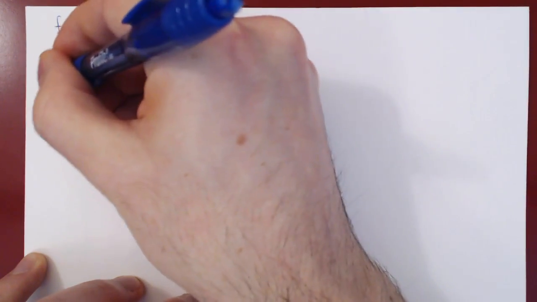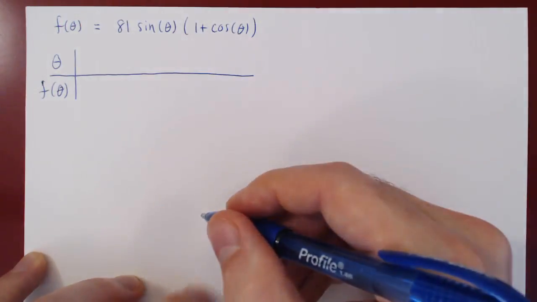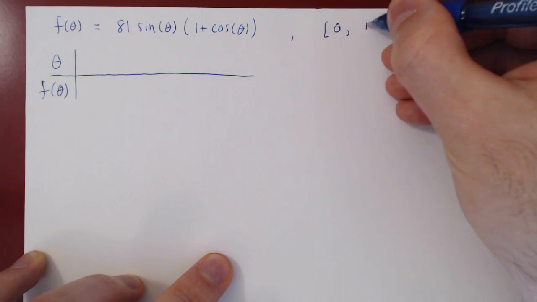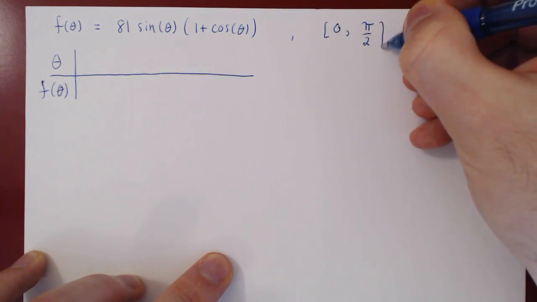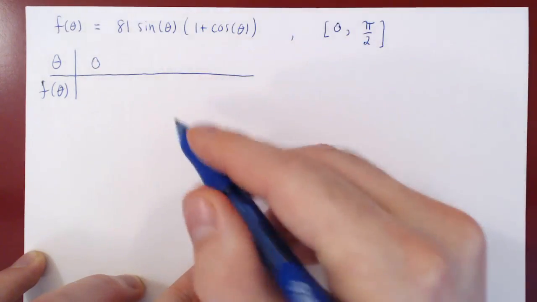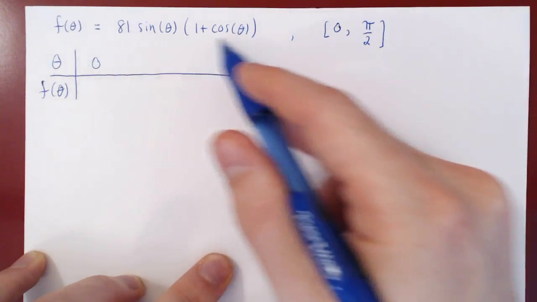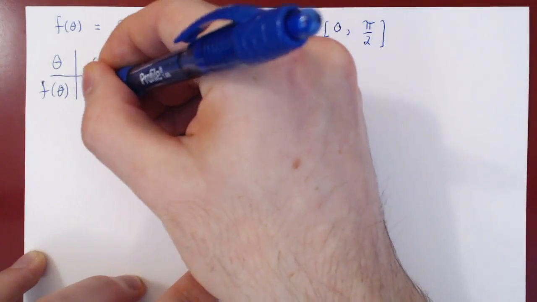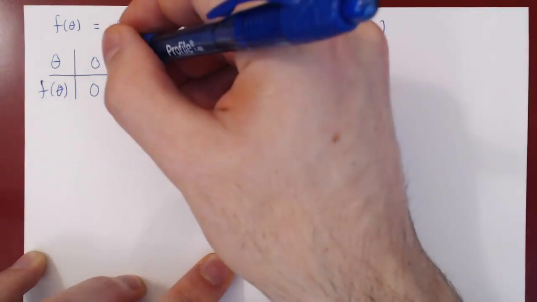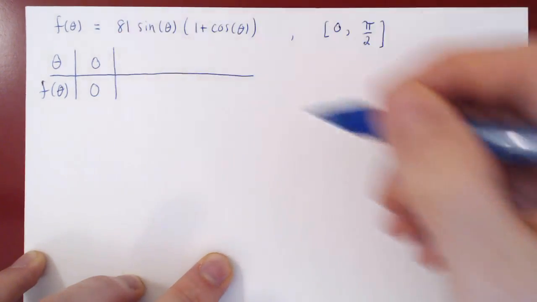And now we will evaluate our function at the key values of theta. Our interval, if you remember, was theta ranging from 0 to pi over 2. So let's find f at the left-hand point of our interval when theta was 0. But sine of 0 is 0, the whole thing is 0, and so the cross-sectional area of our gutter is 0, clearly not a maximum value.